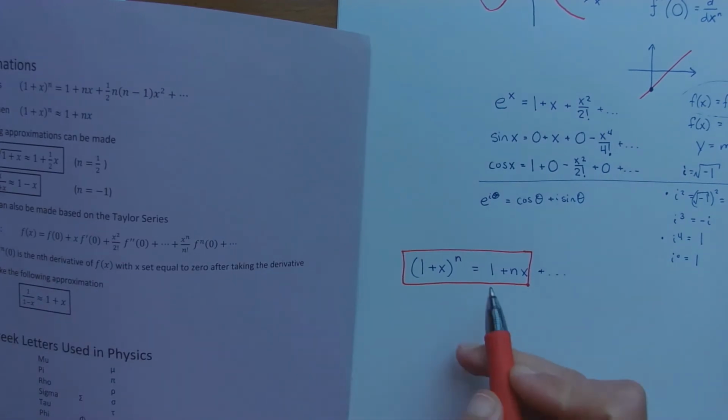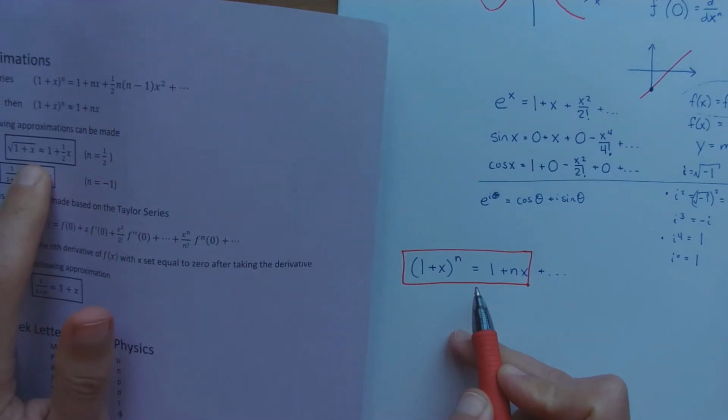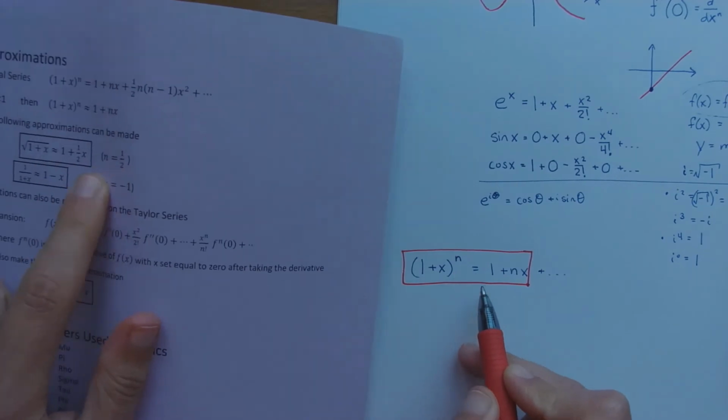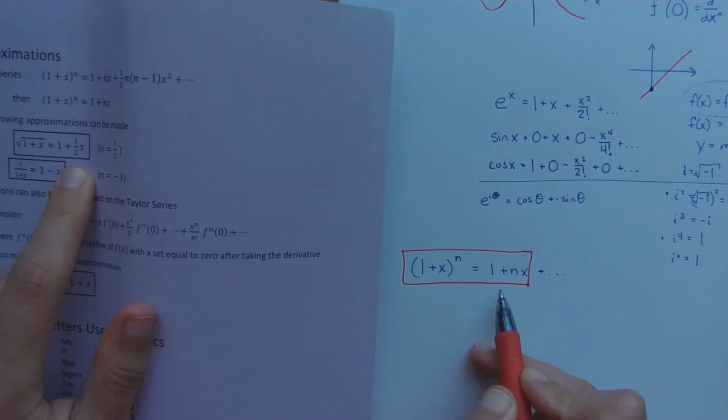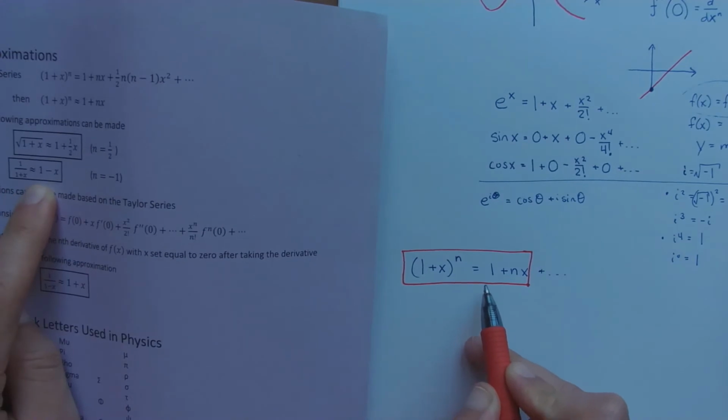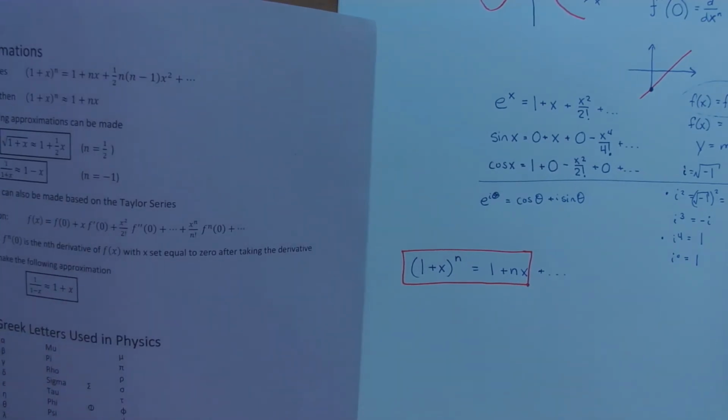From this, you could say for the square root of 1 plus x, n would be equal to 1/2, so you get 1 plus 1/2 times x. Here, n is equal to -1, so we'd get 1 minus x there.